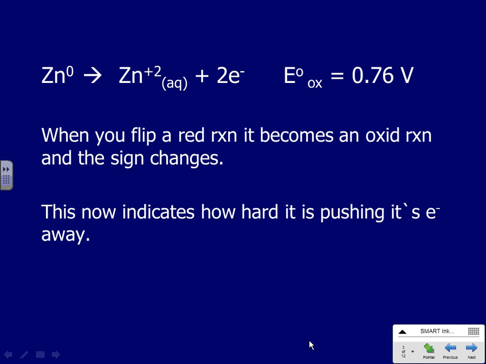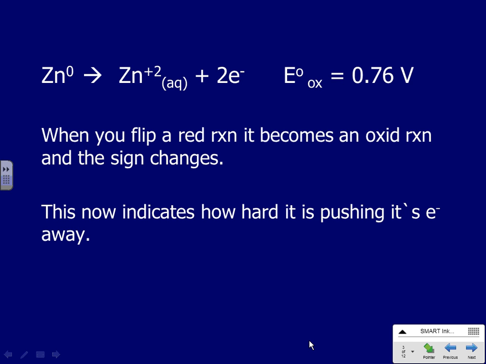And when you flip the equation, you change the sign. So this means that zinc metal would prefer to get rid of its electrons compared to hydrogen. Now, I'm not going to say compared to hydrogen every time, but that's what it is. That's why we have hydrogen as 0.